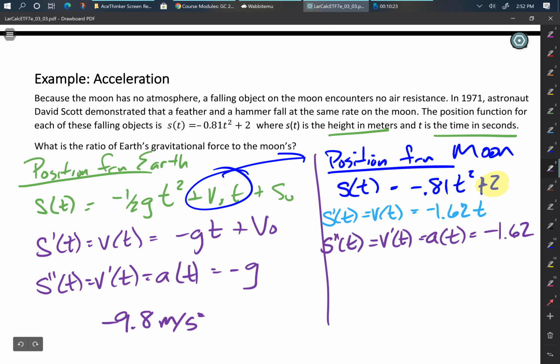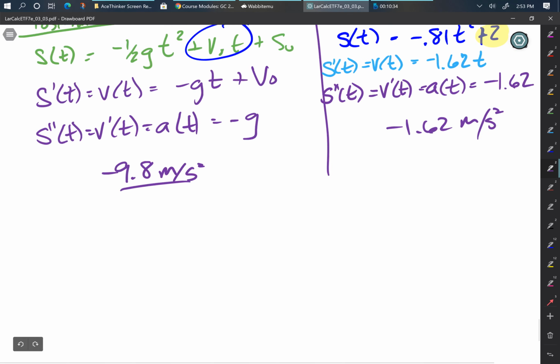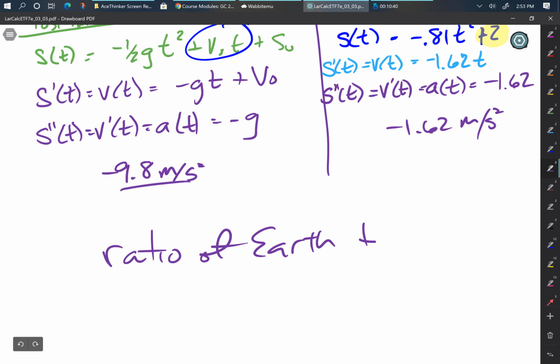So now that I have the acceleration for gravity on the Earth and the Moon, I can make a ratio of the Earth to the Moon. Now when it says to make a ratio of Earth to Moon, that means make a fraction with Earth over Moon.